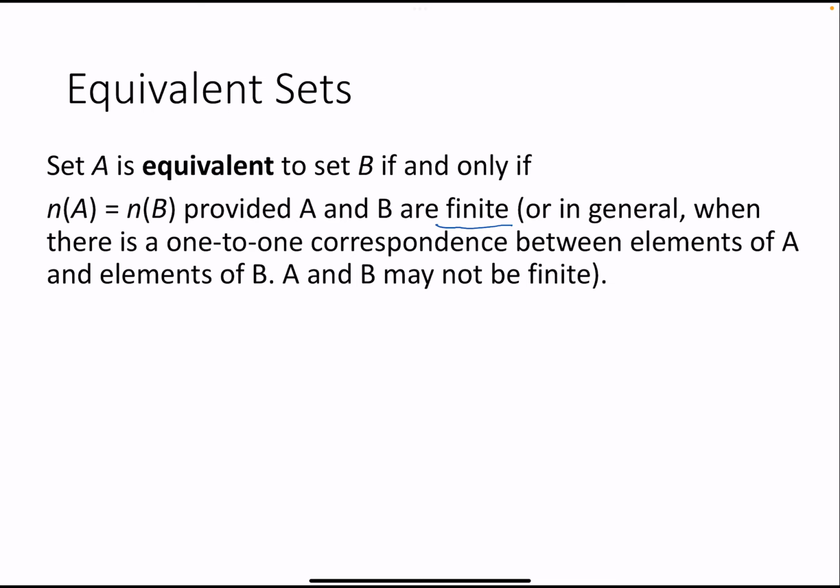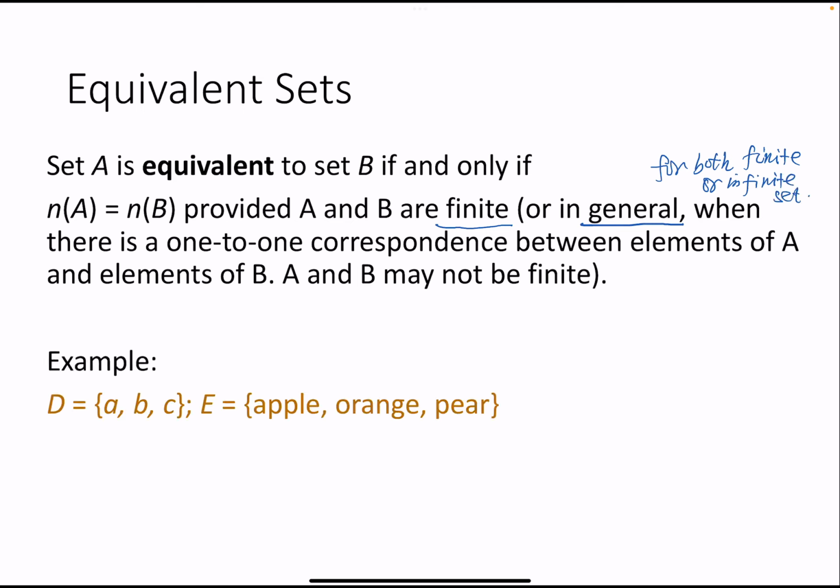Or in general, the definition would be: when there is a one-to-one correspondence between elements of A and elements of B, then we will say two sets are equivalent. This general definition actually works for both finite or infinite sets.